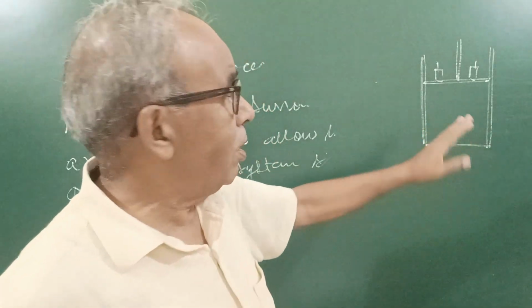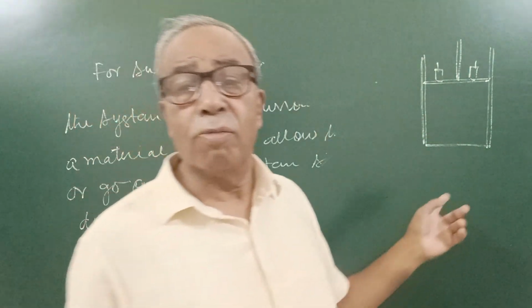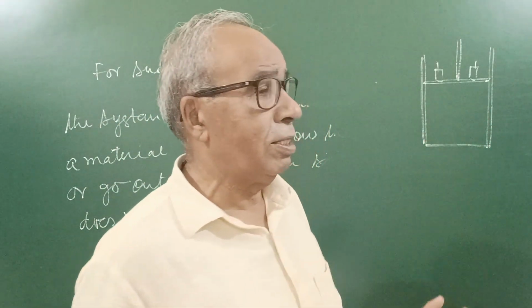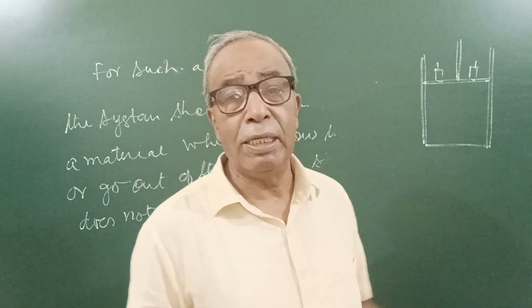If it will expand, it will do some work, P delta V. That work will be done on the cost of internal energy. And if internal energy is consumed, the temperature may decrease.